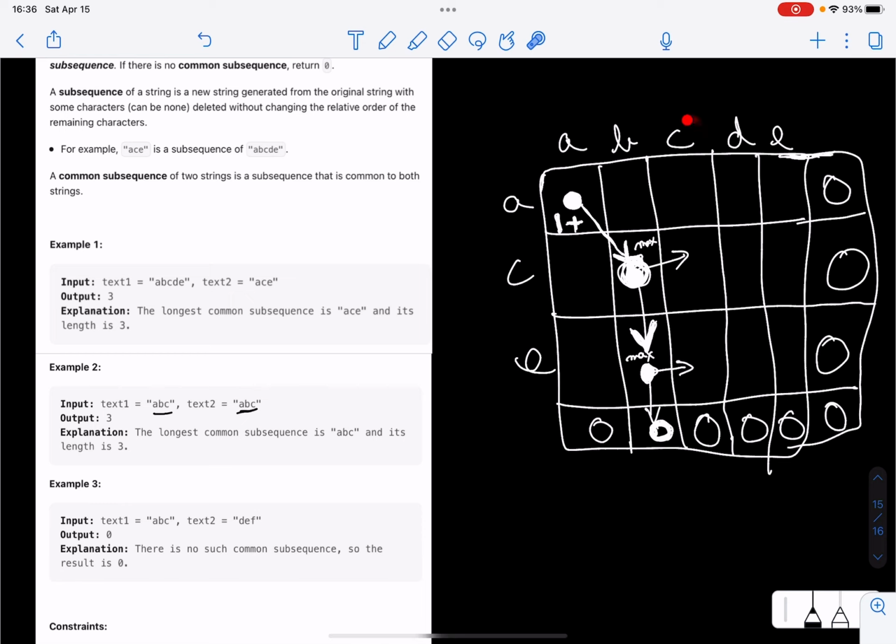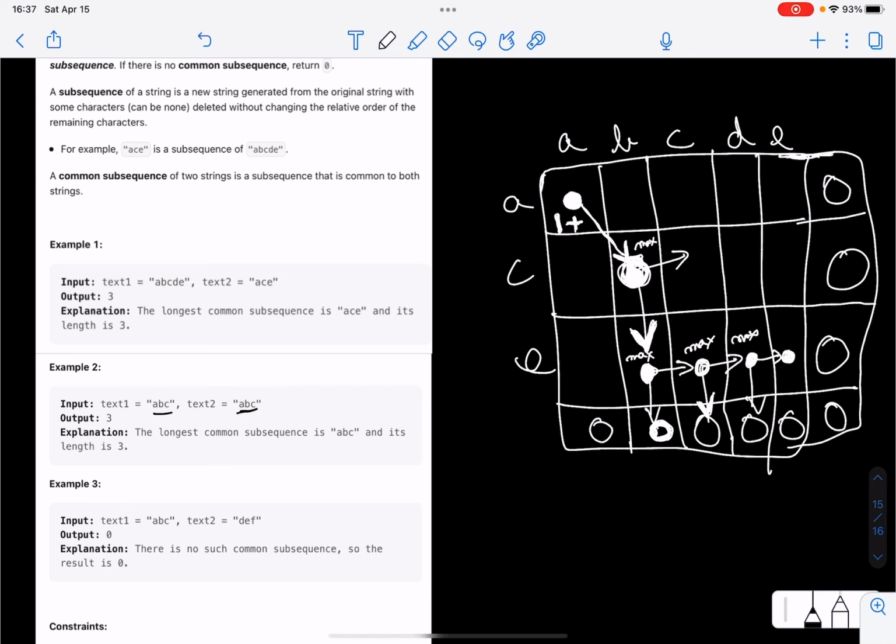So we check, is C equal to E? Is not. So here is essentially the max of whatever we have over here, which is 0, and whatever we get over here. Again, we check D and E are not equal, so whatever over here is essentially the max of 0 over here, and whatever we get here.